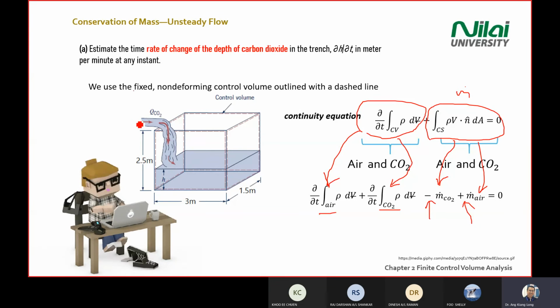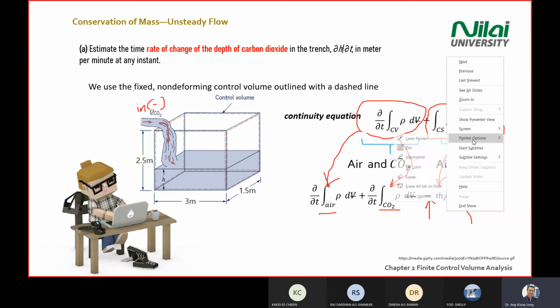Because CO2 is going in, pumped into the system, and inflow will always give you a negative sign. Air is filling up the system, so it gives you a positive sign. So just take note of this: when you fill up something, the control surface component for the inflow gives you negative, and the air inside the system gives you positive. Okay, next.